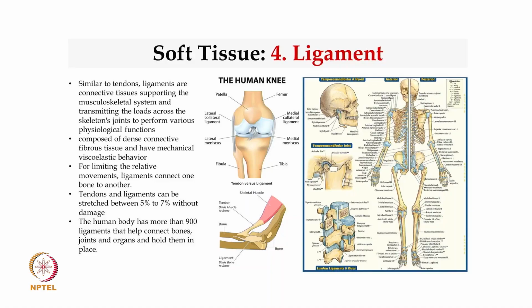Tibia is from the knee downwards, that's the bone, and the tibia and the femur are directly connected with the lateral collateral ligament. Collateral is a term where collateral damage is something we hear quite often. Whenever there is some kind of good thing to be done, there could be collateral damage where somebody else gets harmed without the real intention.